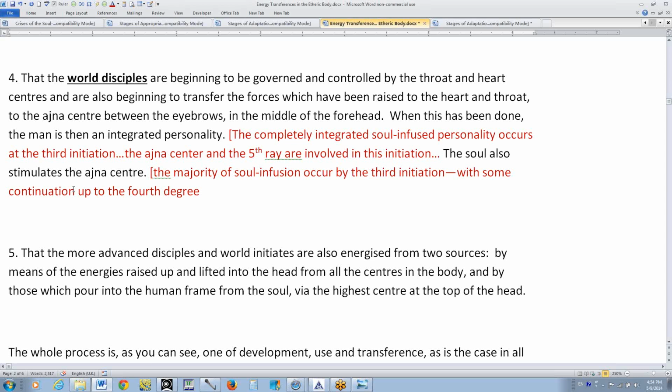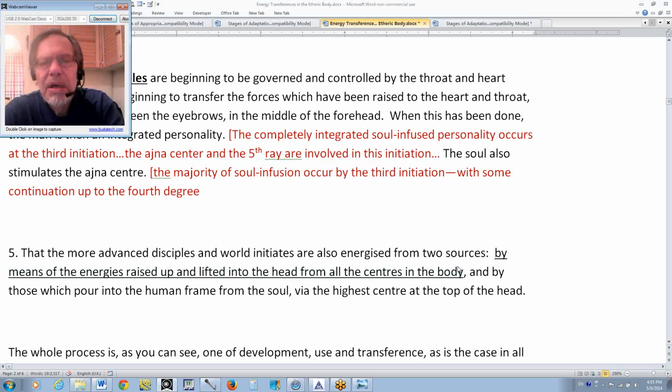That the more advanced disciples and world initiates are also energized from two sources, by means of the energies raised up and lifted into the head from all centers of the body. Okay, so the higher the stage of initiation, the more we converge upon the head, which really contains all replicas or master controls for all the centers, and by those which pour into the human frame from the soul via the highest center at the top of the head.